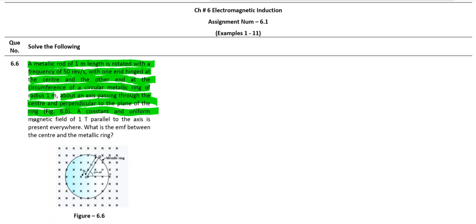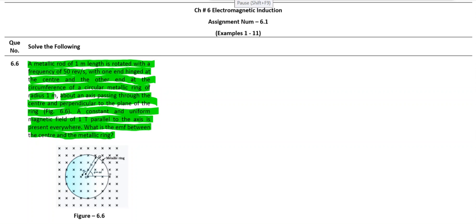A constant and uniform magnetic field of 1 Tesla is applied parallel to the axis and is present throughout its length. What is the EMF between the center and the metallic ring?